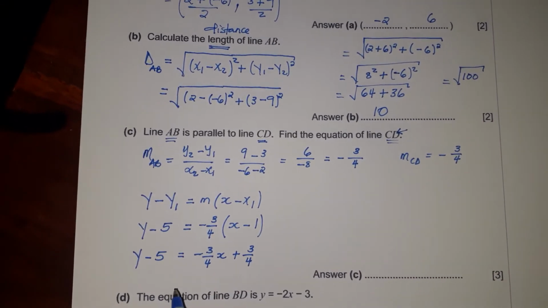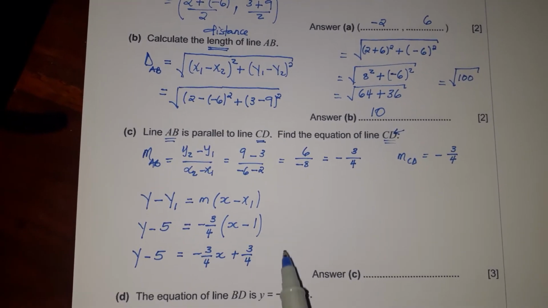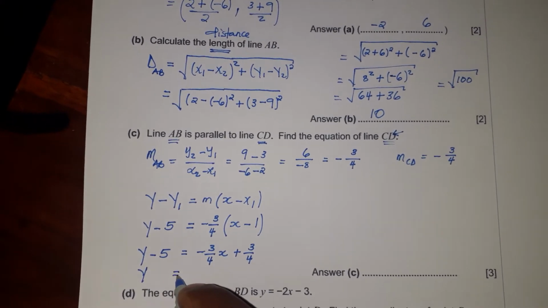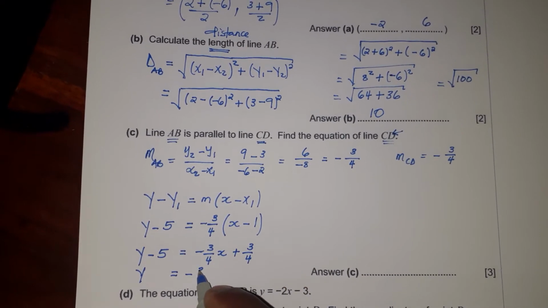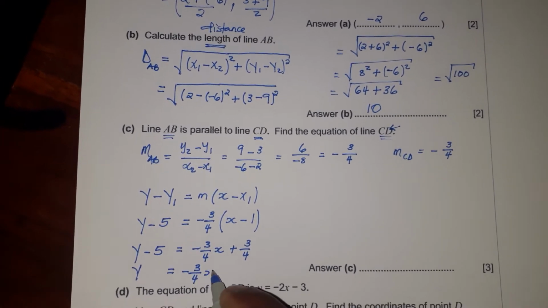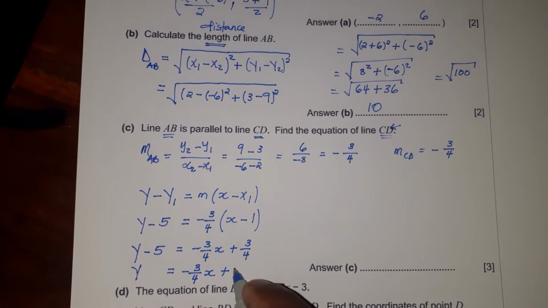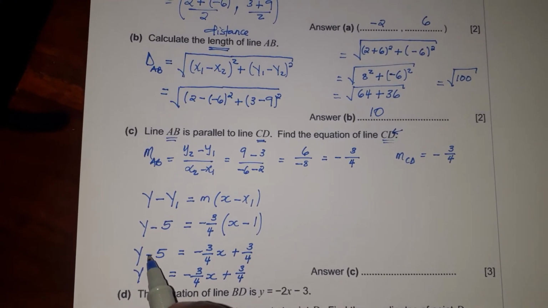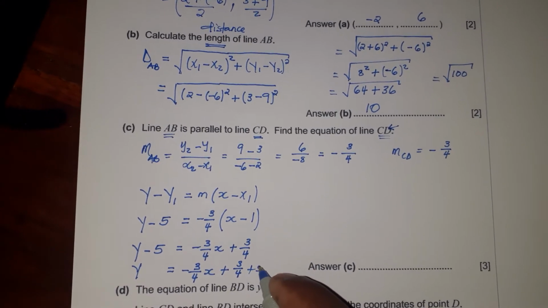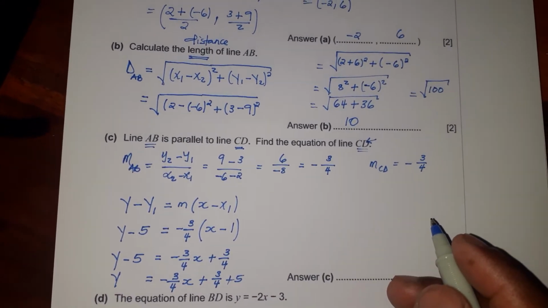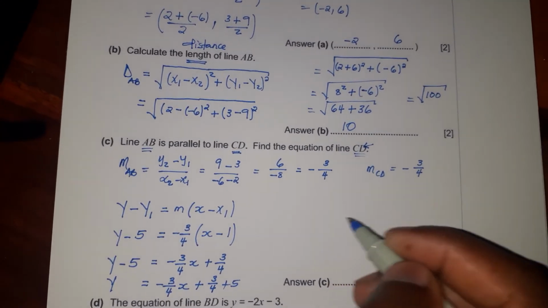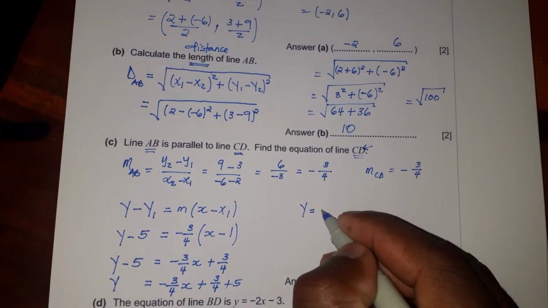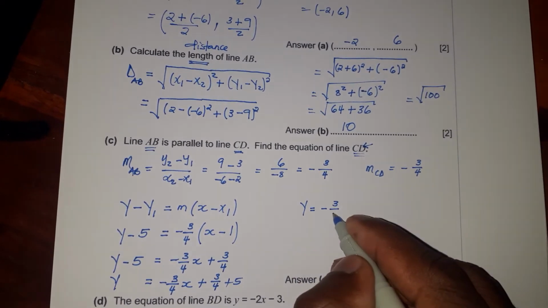Now here we need to move this negative 5 to the other side. Then this side we only have y equal to negative 3 over 4x plus 3 over 4. This number, this side is negative. When it comes this side, it becomes positive 5. I'll use this space here. We have y equal to, we have negative 3 over 4.